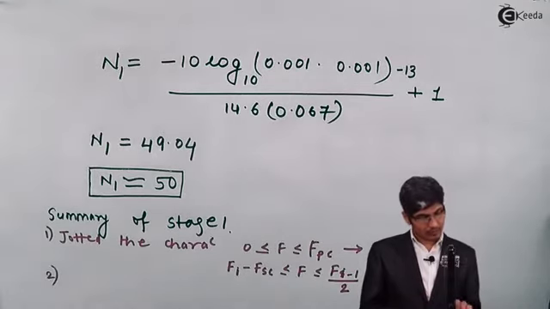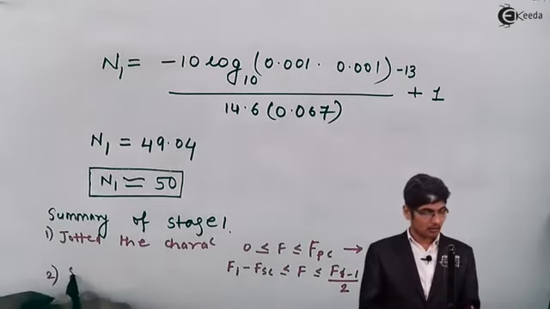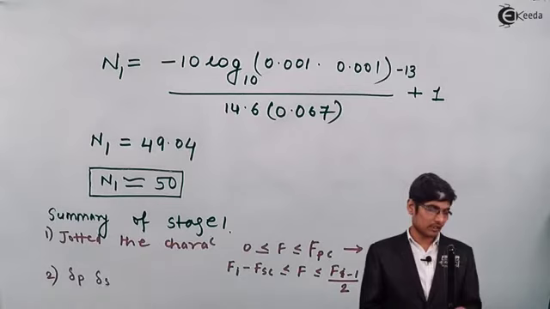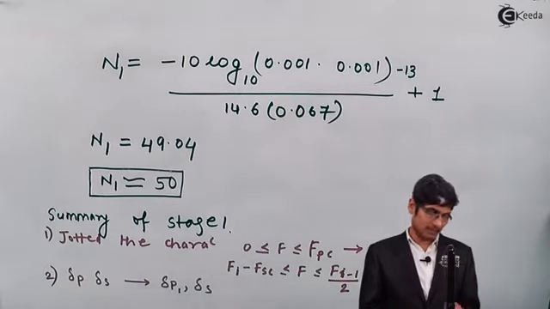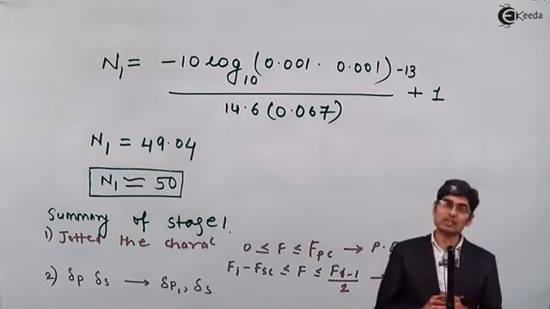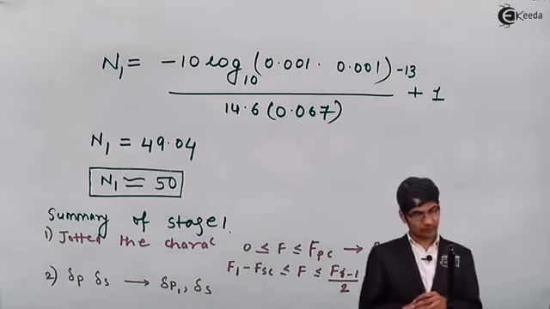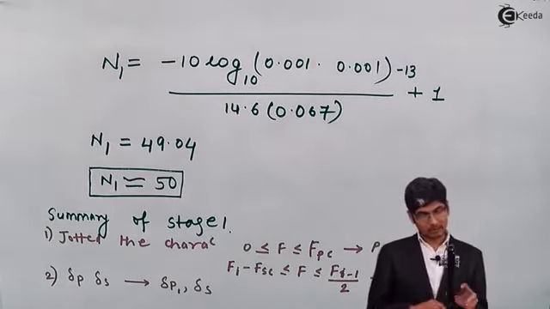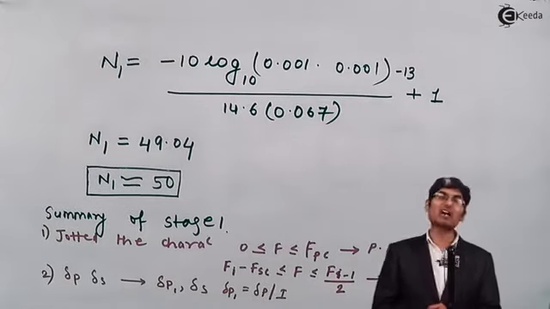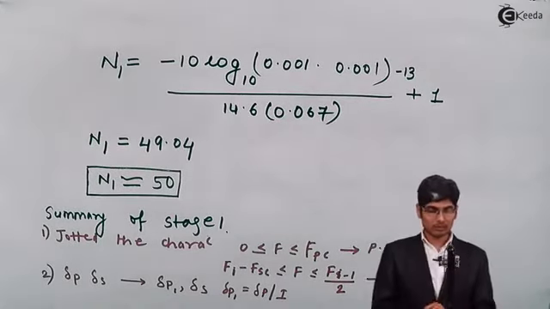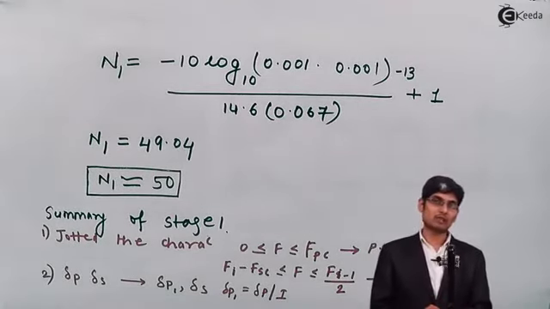Second, we used delta p and delta s and found delta p1 and delta s. Delta s has no change; delta p1 is delta p upon the number of stages, I. Here the number of stages is 2, so I divided by 2.